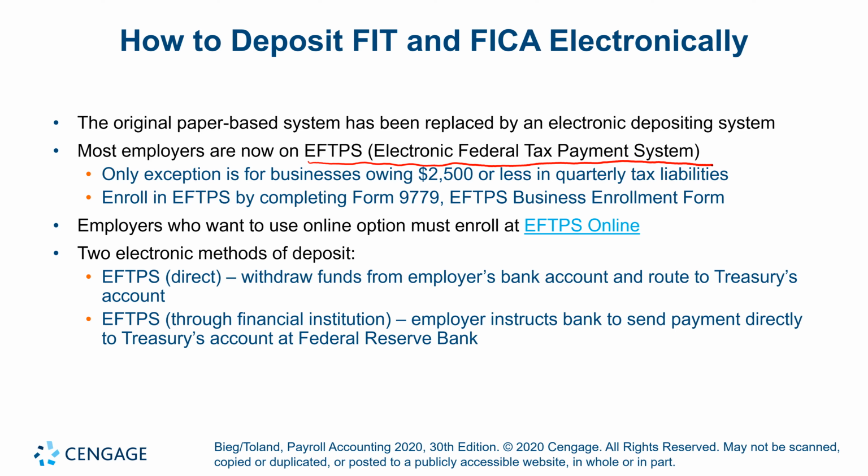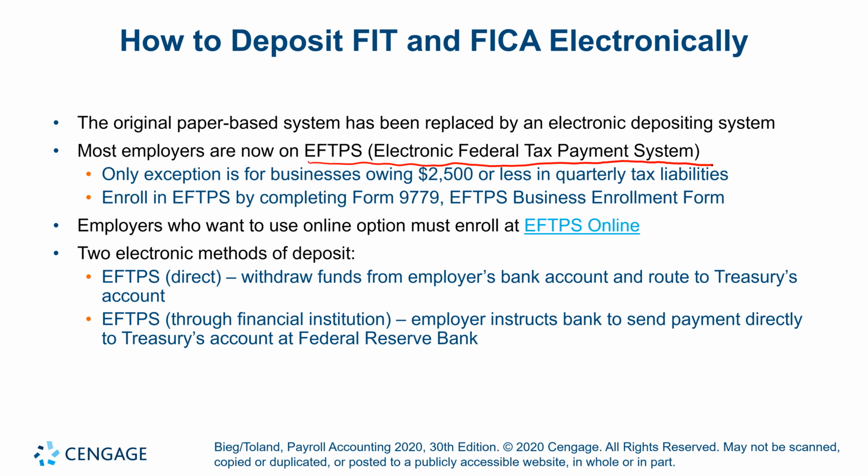So the enrollment in the electronic federal tax payment system is done by completing this Form 9779. It's an enrollment form. Employers that want to enroll can also do this online. And then your book talks about 2 electronic methods of deposit.